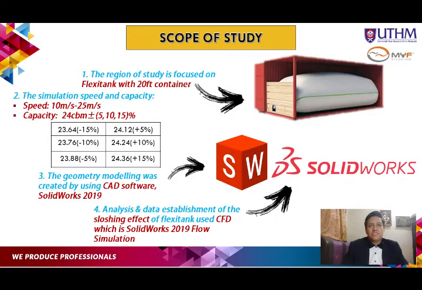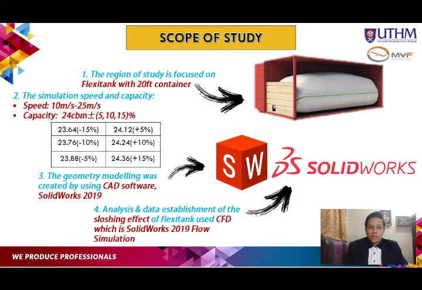Scope of this project: the region of this study is focused on the flexitank with a 20 feet container, and the simulation speed and capacity were set as follows. The speed is in the range of 10 meters per second to 25 meters per second, and the capacity was set to 24 cubic meters plus minus 5, 10 and 15%.